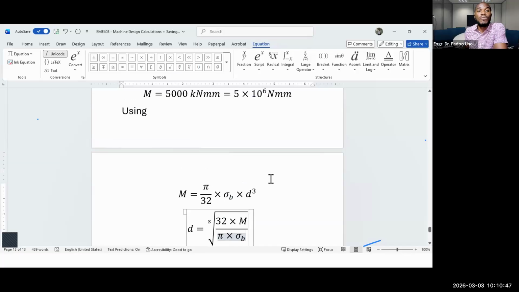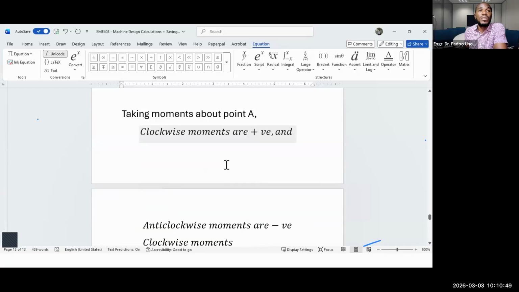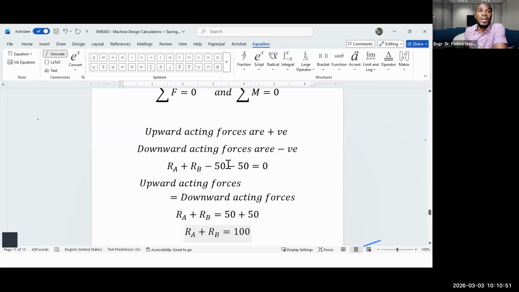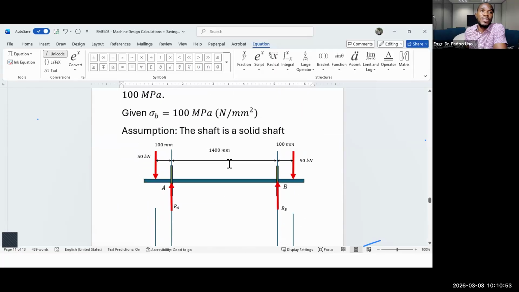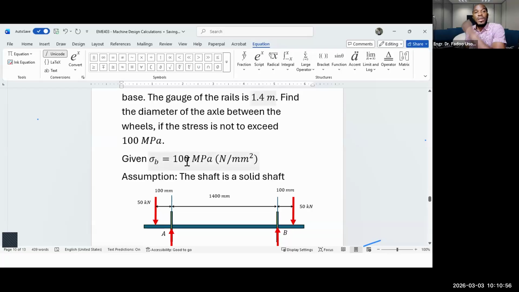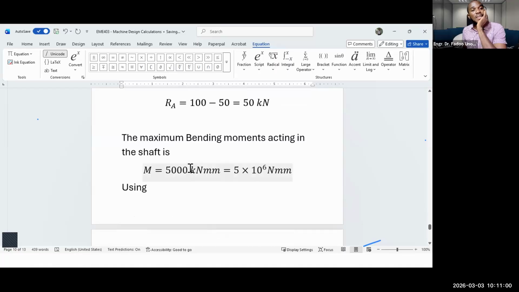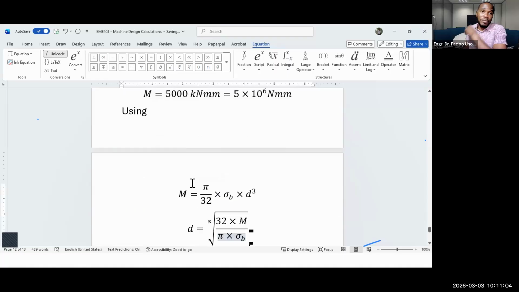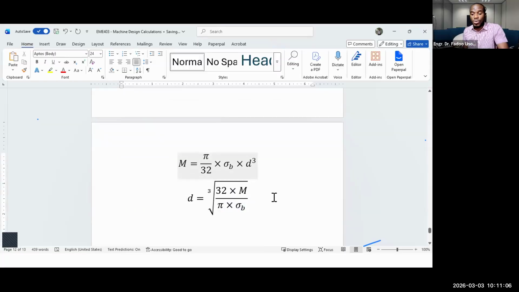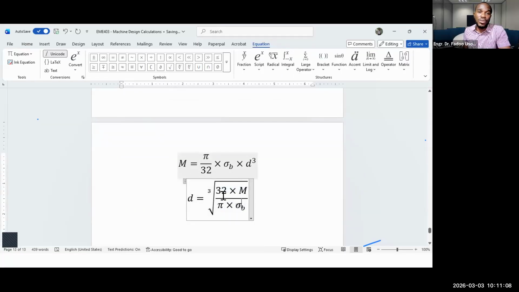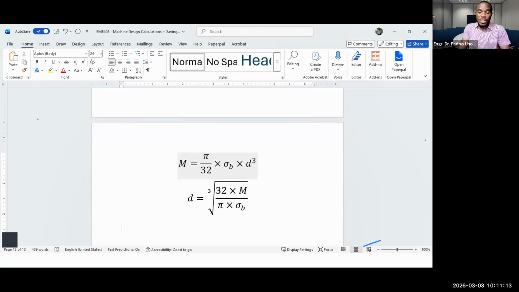Okay, we know the value of sigma B, which is 100 megapascals. We had that there, and we have now found the maximum bending moment acting in the shaft. So now we know this value, we know that value. This is a number, this is a number. We can evaluate what D is.